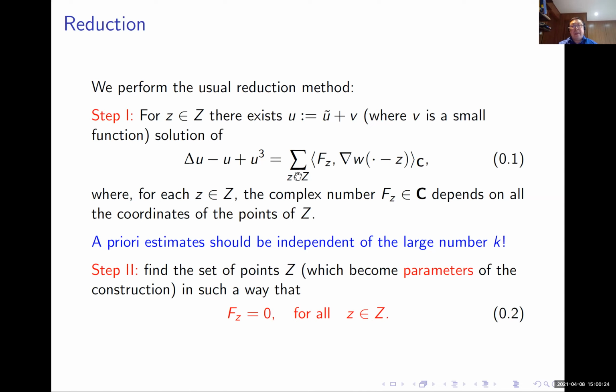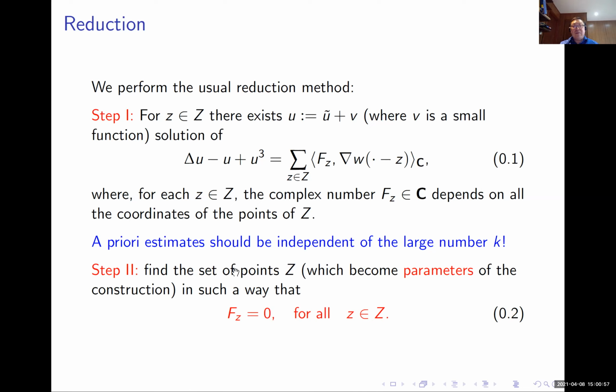We can use the finite dimensional reduction method to solve this. The only thing we need to take care of is that all the estimates should be independent of the large number, because we're going to use this large number, K, as our perturbation parameter.